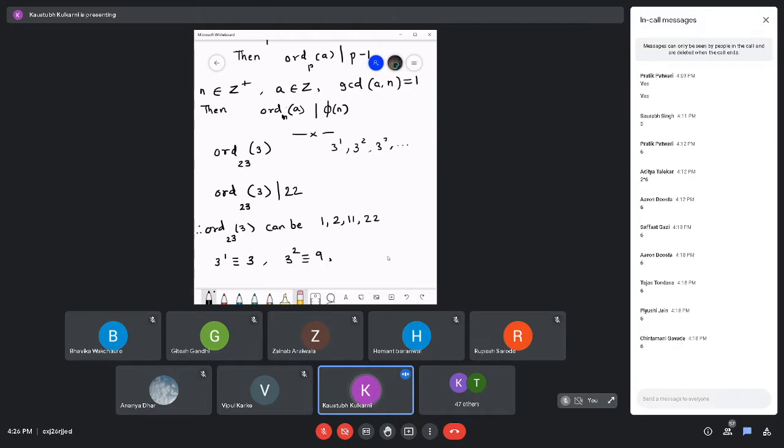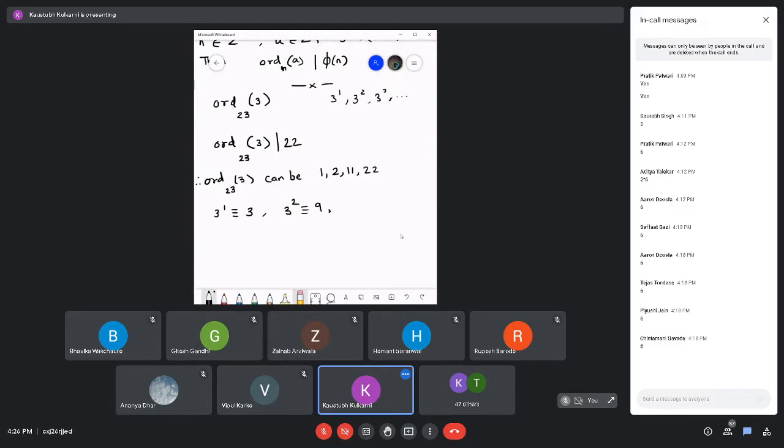Is there any shortcut for this? We want to calculate 3 raised to 11 modulo 23. Any shortcut? Question to you.